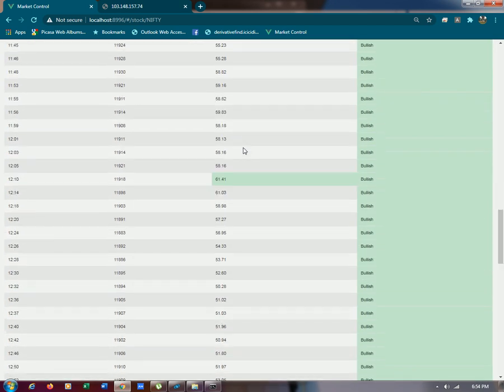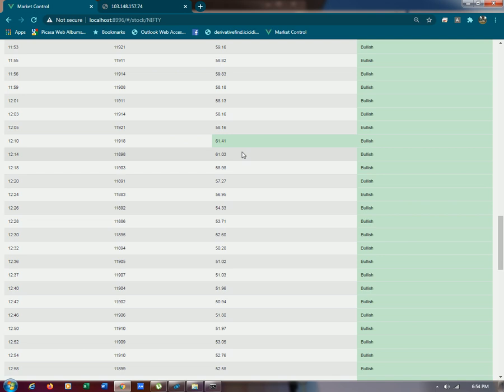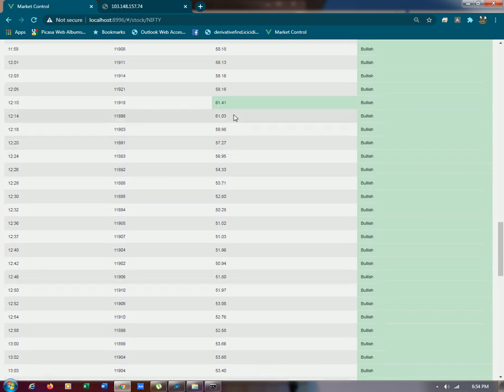And whenever the green color stops, till such time you can remain in a long trade. Here you can see at 12:10 pm the green color has stopped, and since then it has been coming down. So at 12:10 pm you have to exit your long positions, and an aggressive trader can enter short positions from here itself by keeping the day high as stop loss.